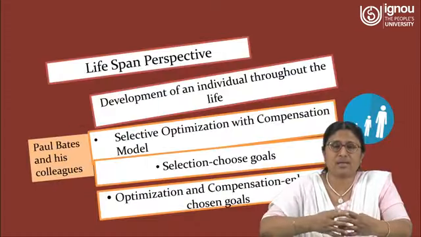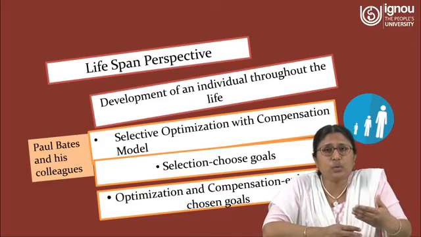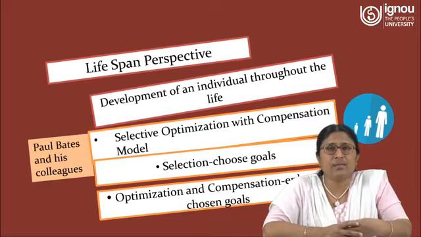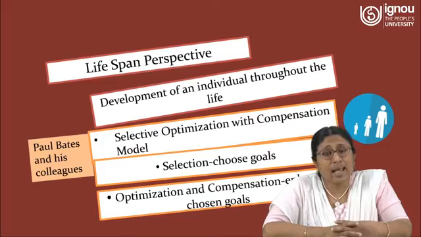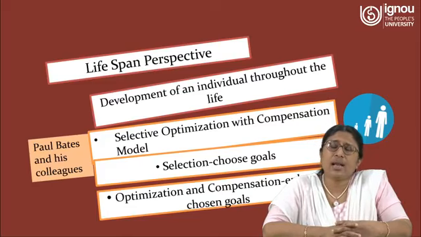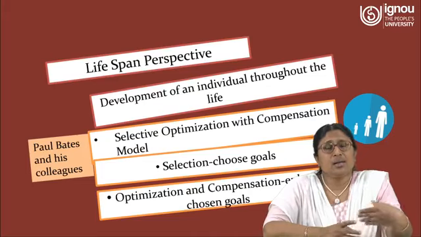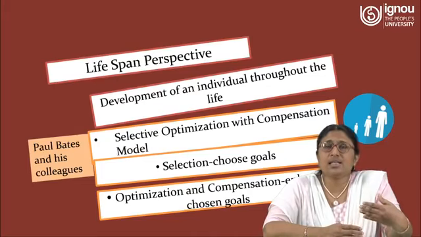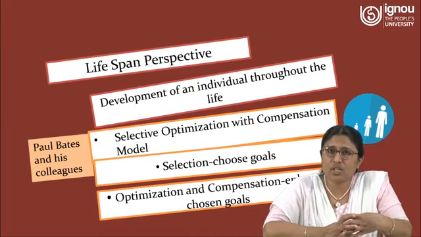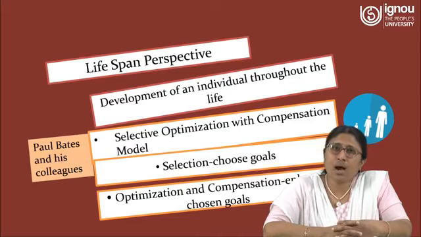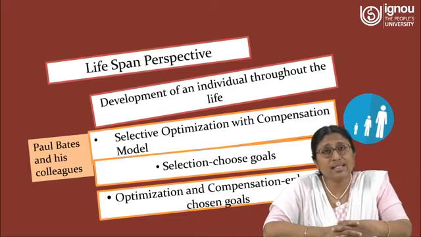And when we come to the next perspective, that is the lifespan perspective. Let me think of this lifespan perspective. The earlier perspective is related to the development of the child, sometimes up to the adolescent period. But we can see that development does not stop at adolescence.